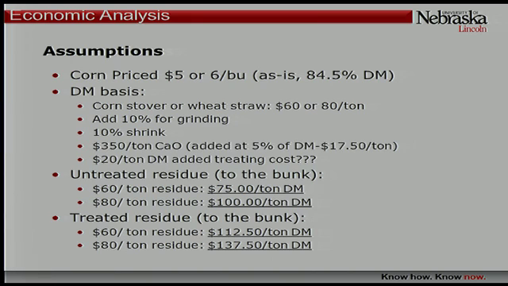And probably the most important and hardest thing to estimate is what is the actual labor cost and treatment costs involved, other than calcium oxide. We have limited ability to estimate what this is. We assumed that it was $20 a ton added cost for labor and handling and whatnot.